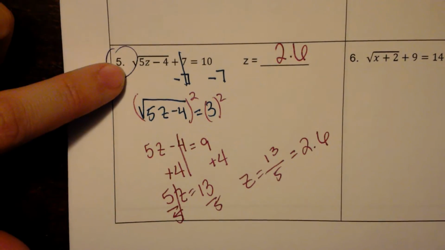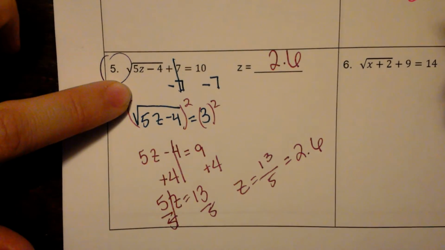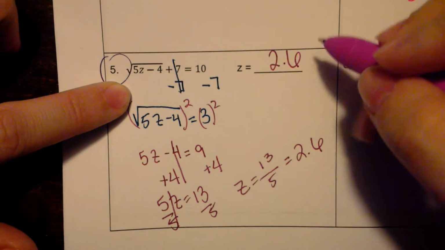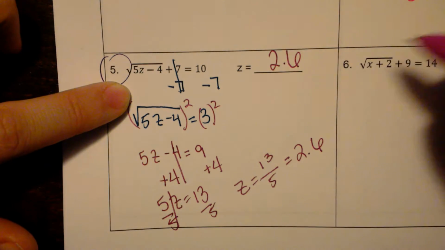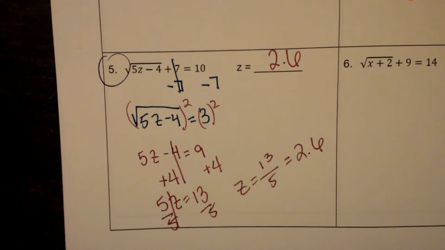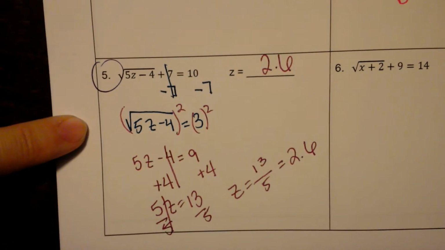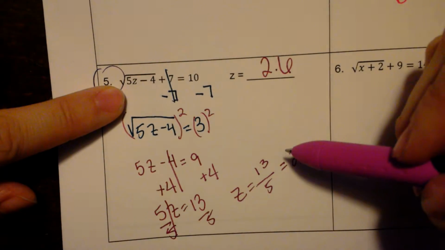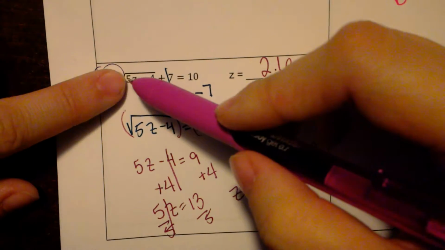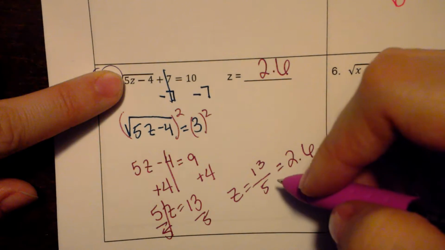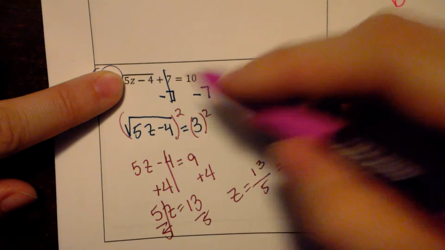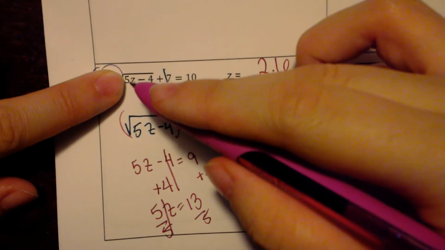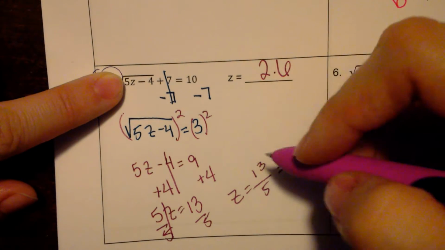So on the test, you most likely would have one like this, and it would be one of those gridables. We'd have to bubble in 2.6. And if I put this back in, it'd be easier if I had a fraction when I checked my answer. So 5 times 13/5 would leave me 13, because if I'm multiplying by 5 and dividing by 5, those would cancel out.